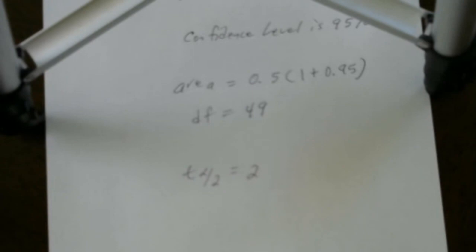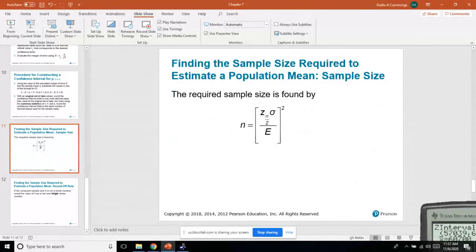Okay, and the last thing we'll talk about is the sample size required to estimate a population mean. So here we have n is equal to z alpha over 2, so we would have to calculate the z critical value, times the standard deviation divided by the margin of error, all squared. So we'll take a look at problem number 17.